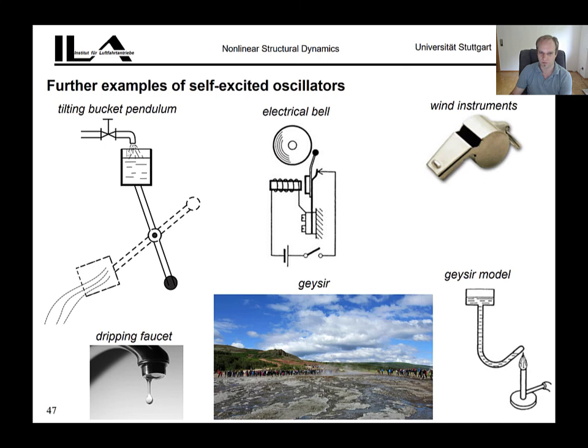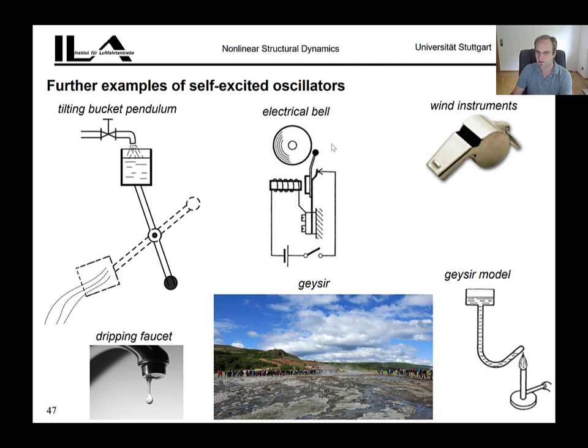It stores the potential energy, then relieves it, and then the process repeats. And during this process, of course, some potential energy is converted into kinetic energy and so on. A dripping faucet can be described as a self-excited process.